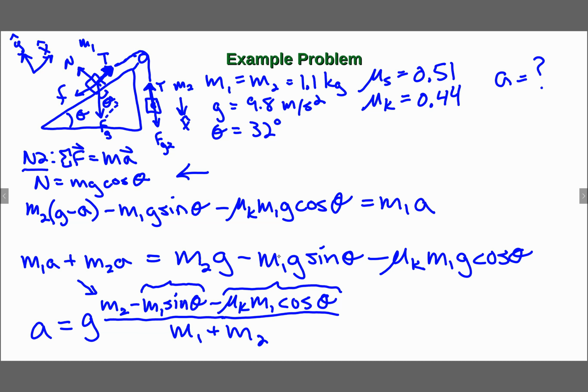This is the force of gravity on M2, and that's pulling on block 1. So if these added up to more than M2 here, this M1 sine theta and mu sub k M1 cos theta, then I would get a negative answer, and that negative on my answer would tell me that I chose the wrong direction, right?